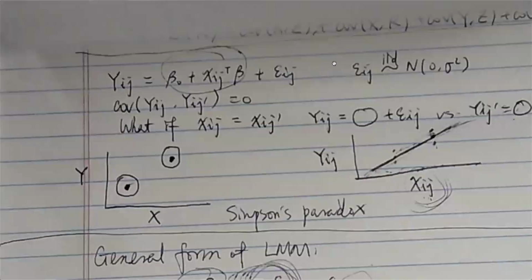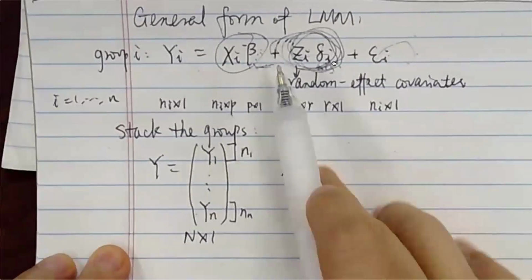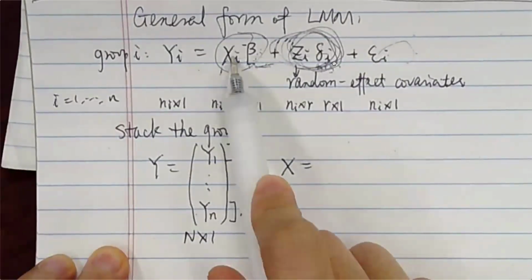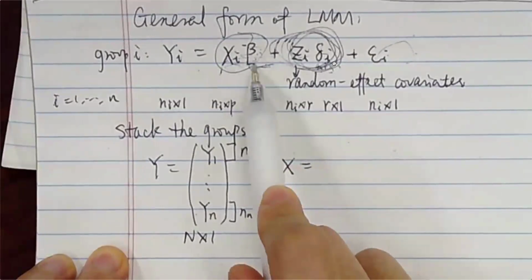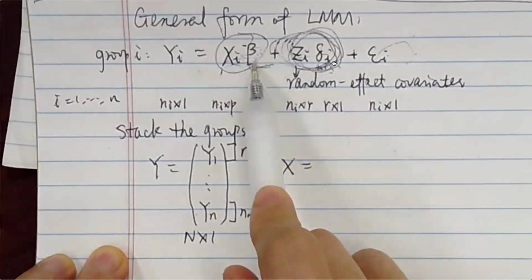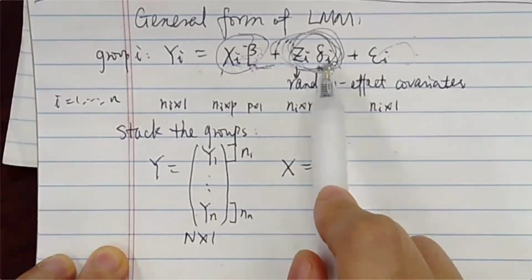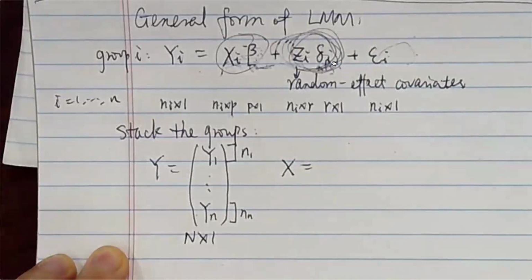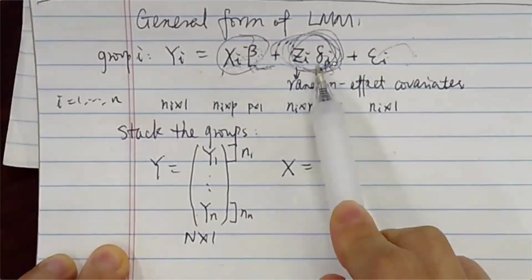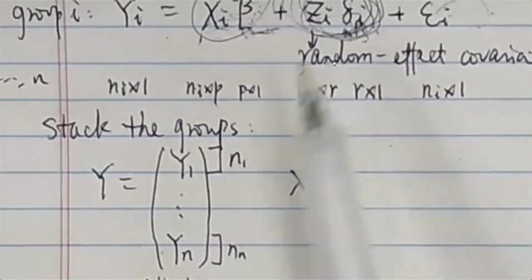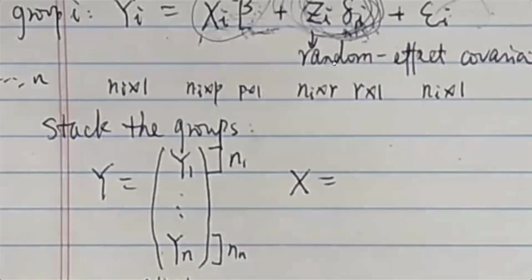So in this model, in the general form, the common intercept is already embedded into this beta. The first element of beta is the common intercept. And what are in the delta are group specific offsets. Like you may have an intercept offset that's group specific. You may have a slope offset that's group specific. So in this formulation, we will assume all the elements of delta i have expectation 0 because they are the offsets.